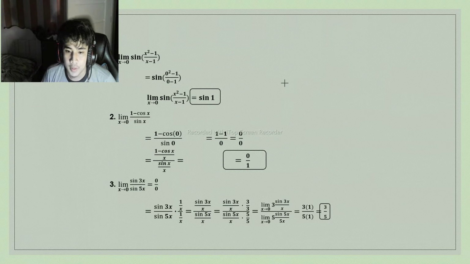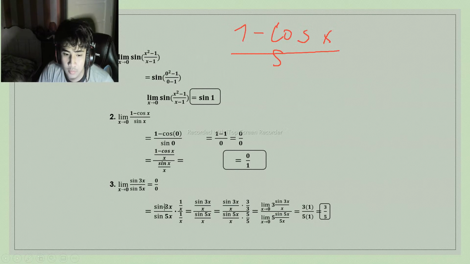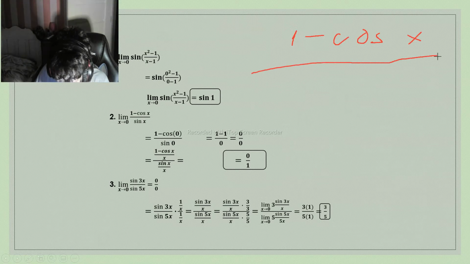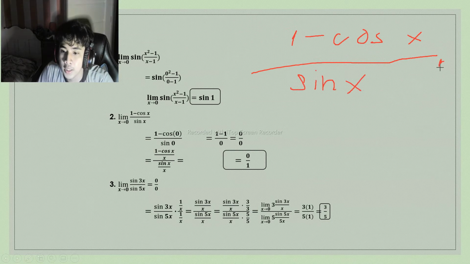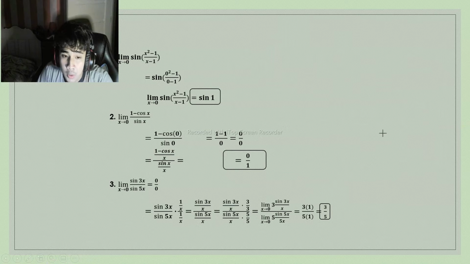Yan. So, yung natin kanina, 1 minus cosine x over sine x. Pwede natin i-multiply sa 1 over x, 1 over x. Sorry sa sulat, sir. Kaya natin minultiply kasi pwede natin siya i-multiply sa 1, and 1 over x over 1 over x is equal to 1.